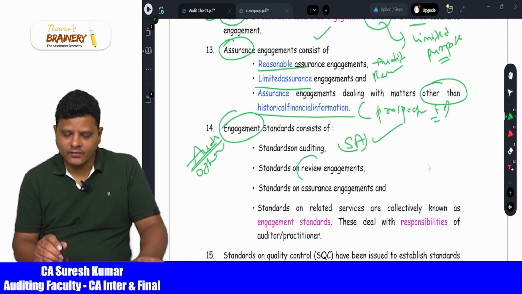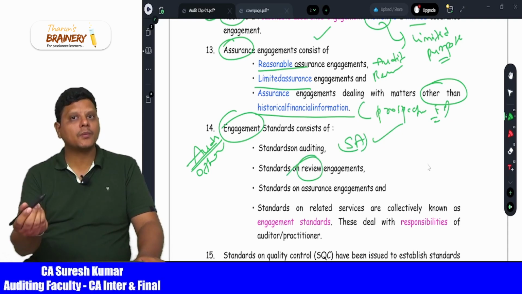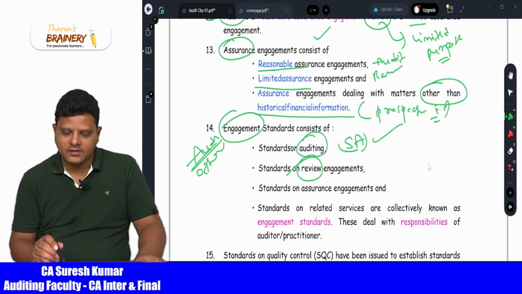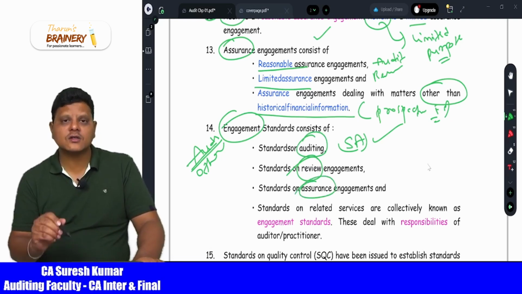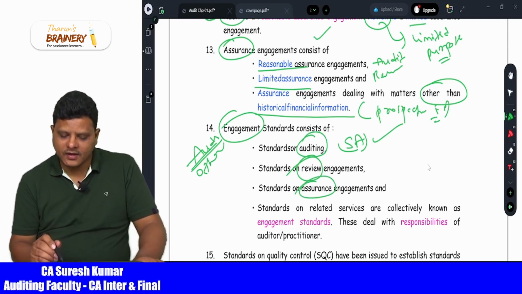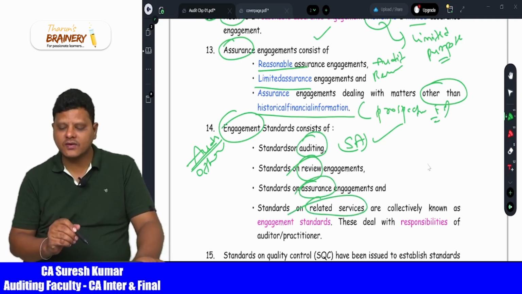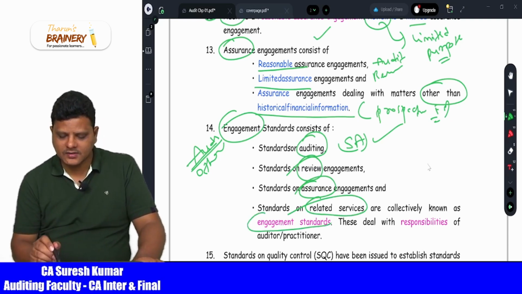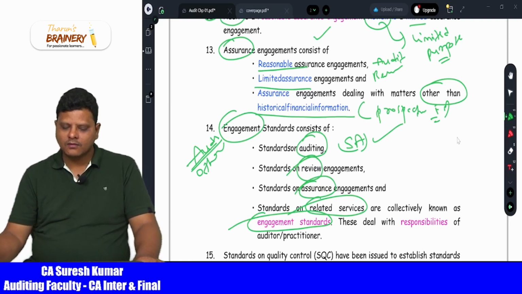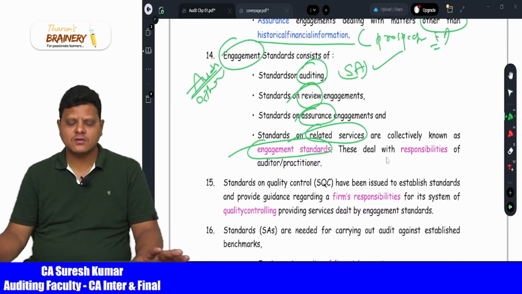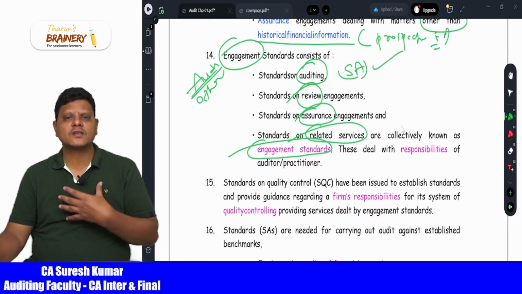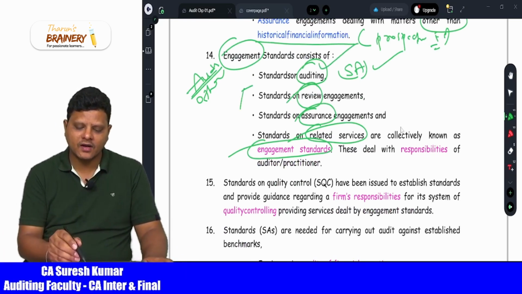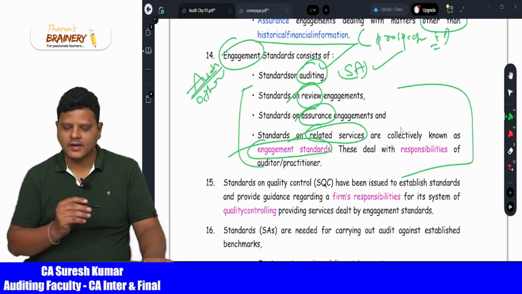Then standards on review engagements for the review purpose, standards on auditing for the audit purpose, then standards on assurance engagements for the various assurances, then standards on related services. Now these are collectively called engagement standards. These deal with the responsibility of the various auditors. So in the entire auditing paper, as far as CA Intermediate is concerned, we are going to discuss the standards on auditing, but as far as the final level is concerned, we are going to discuss all these areas.